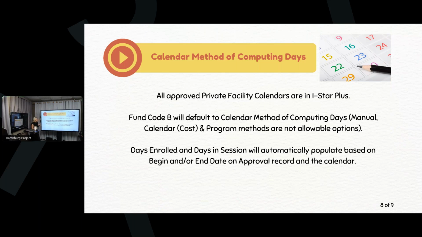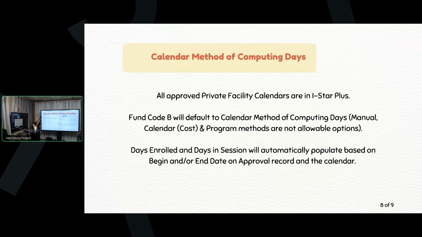So it's going to default to that. It's not going to let you change it to any of the other methods. They don't apply. And the beauty of that is that your days enrolled and your days in session will enter automatically. The system's smart enough to know if they were there 5 days or 150 days, and it will calculate that for you.